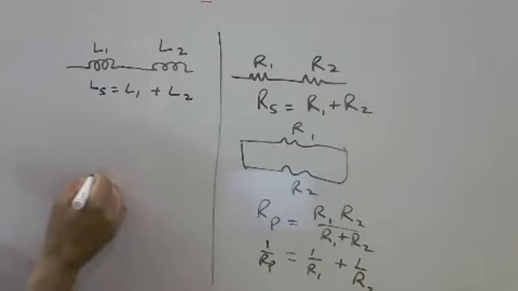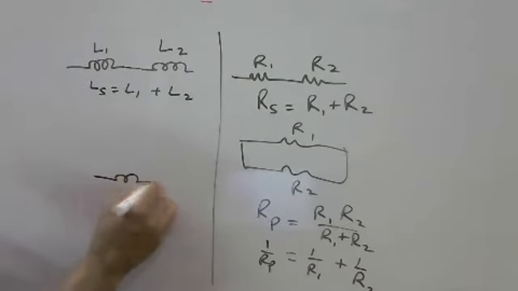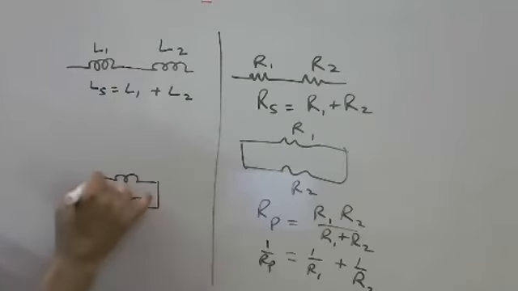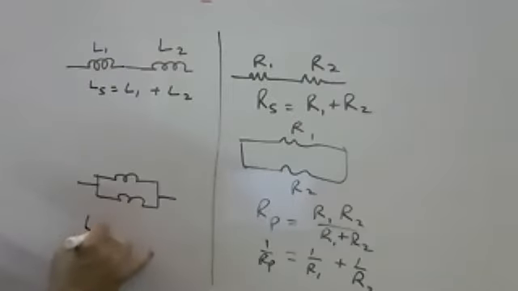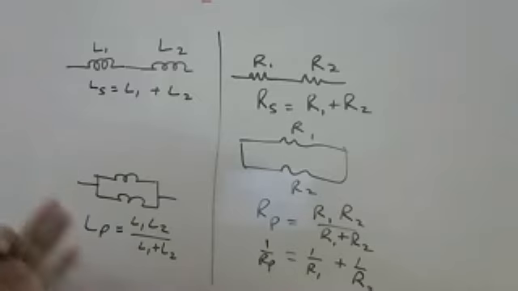Here also we are getting the same formula for inductances in parallel. LP will be L1 L2 upon L1 plus L2. But suppose if they are close, it means we have to consider the mutual effect also.